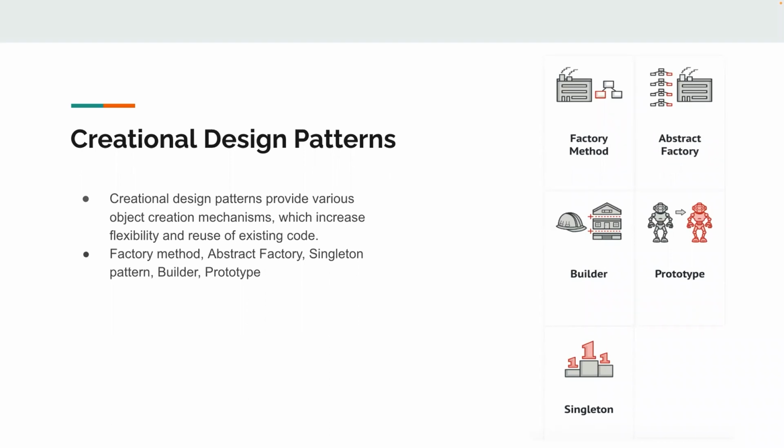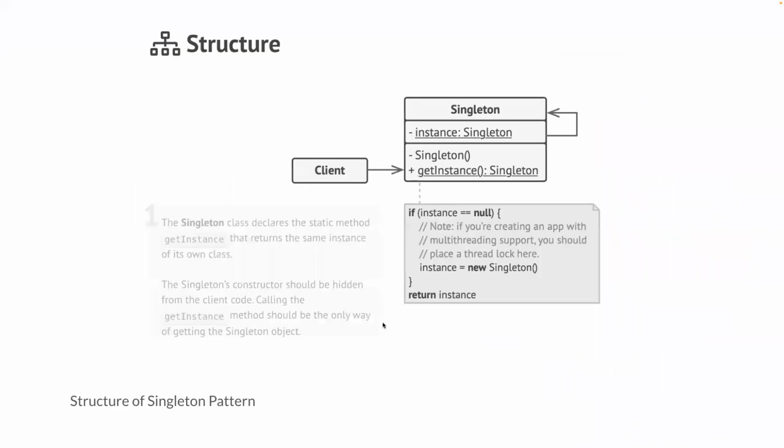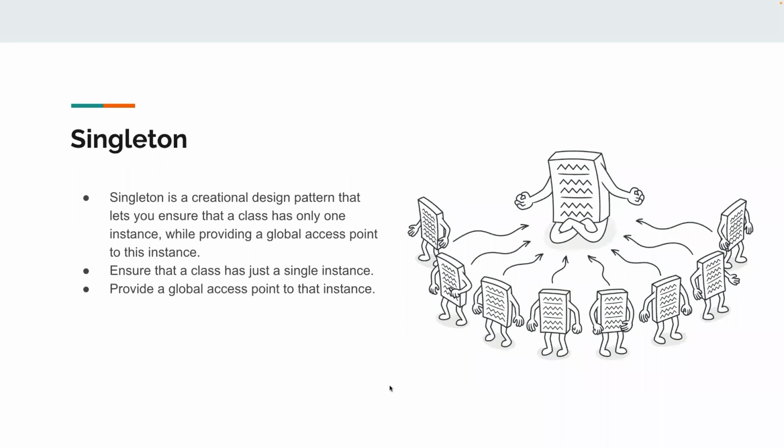Some examples of creational design patterns are factory method, abstract factory method, builder method, singleton method, and prototype. We will go into the depth of singleton and builder patterns in this presentation.